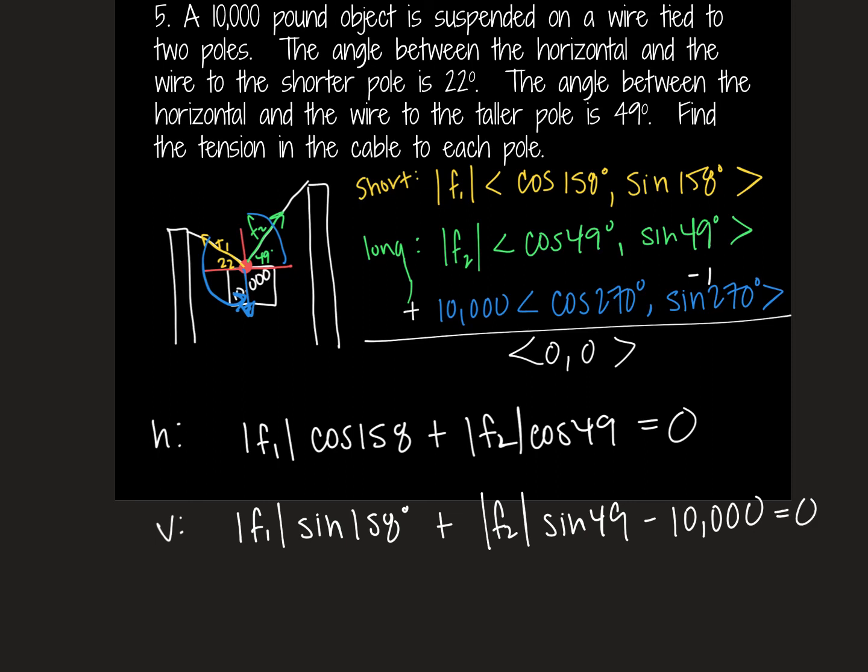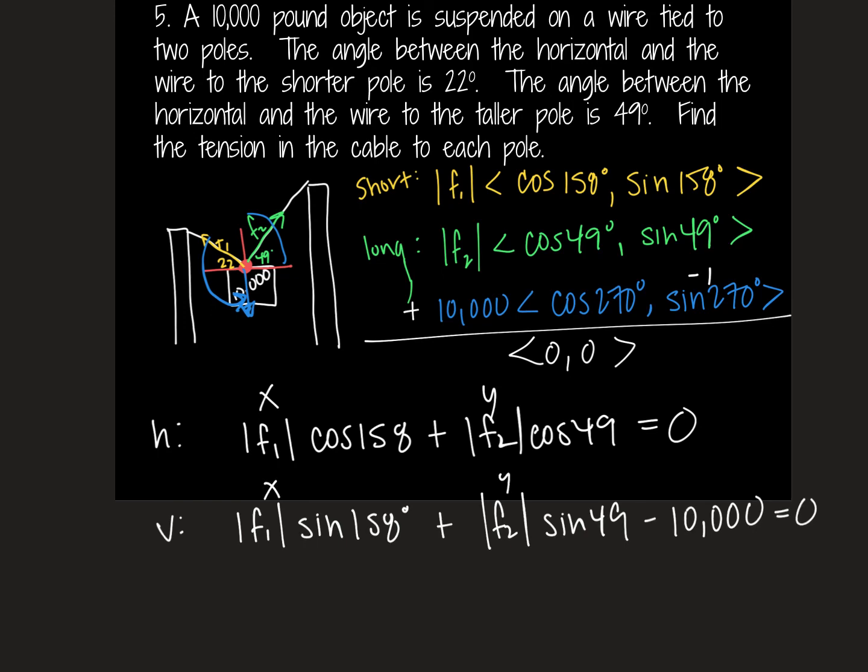Now what we have is a system of equations, which is kind of a pain to solve, but you can solve it. We would do it in the calculator. You would graph these, make this x and this y, and solve for x and y by graphing and finding the intersection.